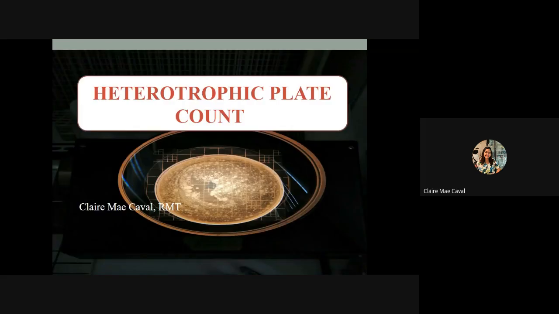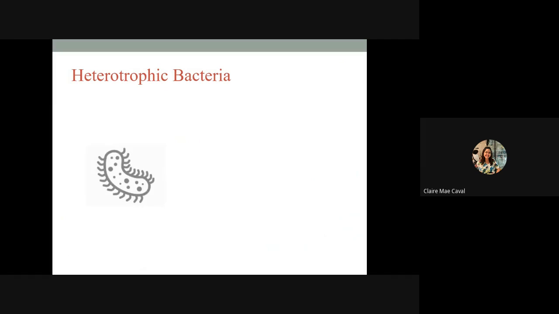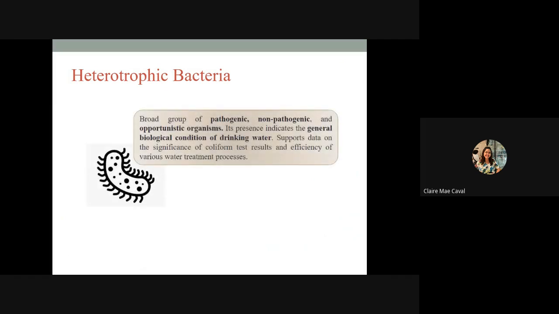Next, the heterotrophic plate count method. Heterotrophic bacteria are a broad group of pathogenic, non-pathogenic, and opportunistic bacteria. Its presence indicates the general biological condition of drinking water, meaning it can support data on the significance of coliform test results and the efficiency of various water treatment processes.